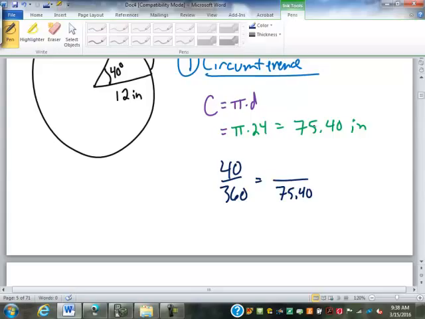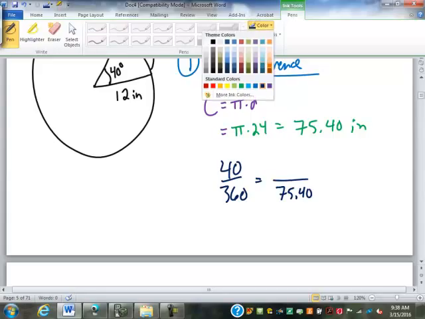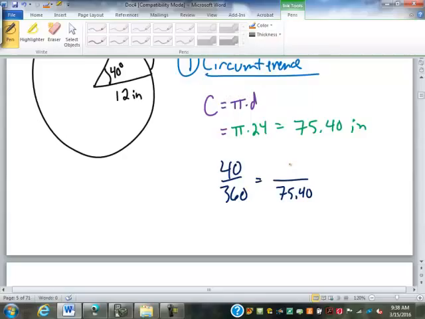If you cross multiply and divide there, you're going to get that this is 8.38 approximately, inches. How many of you had 8.38, 8.37 inches?